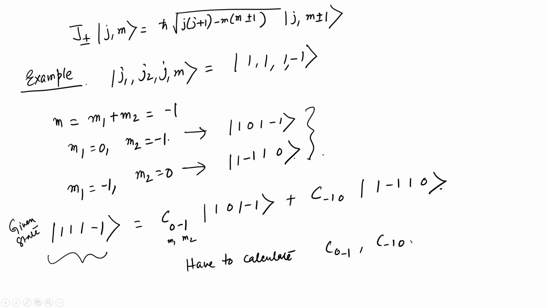Okay. So, C M1 M2 is what you have to find. And how do you find that? We can find it by these lowering operators, and the lowering operators are sometimes helpful, sometimes the raising operators are helpful, depending upon whether you are just one above the lowest value, then you use the lowering operator to make it 0.